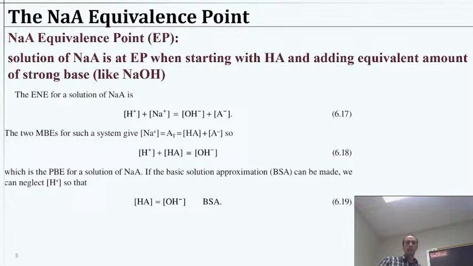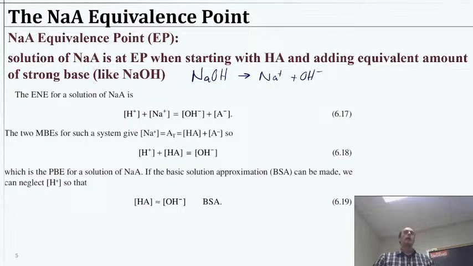So we have a solution of NaA at its equivalence point, and we get there by starting at the HA equivalence point and adding enough base to get us to kind of the inverse spot. So we're going to add something like NaOH, sodium hydroxide. That's going to be a very strong base, so that NaOH will completely dissociate into Na plus and OH minus.